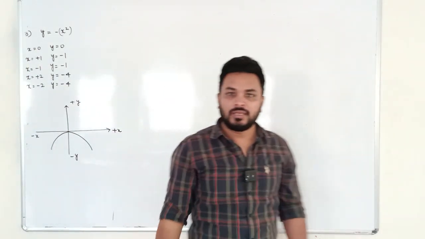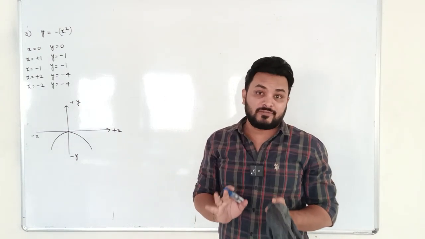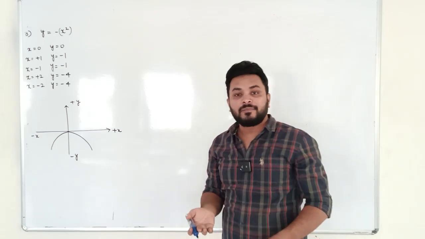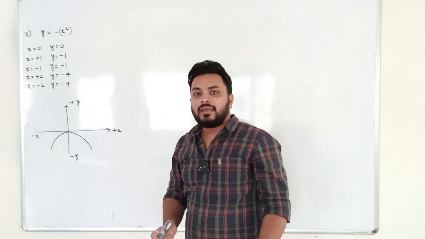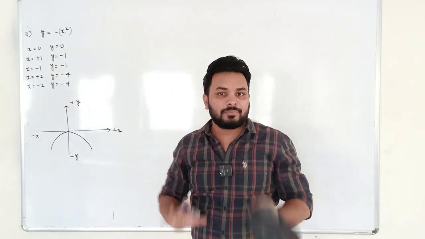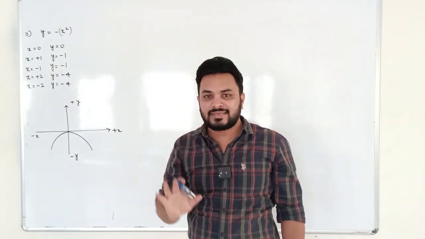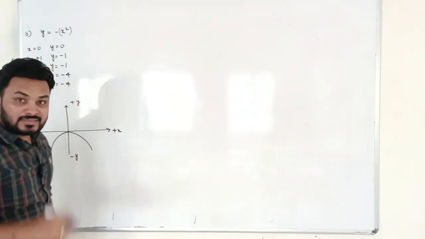Correct? Understood? So now the same from the equations, whatever we are learning in electrostatics or current electricity or anywhere, if we are learning the equations, we have to see how exactly it is depending. It is depending upon minus x square or x square. See, the trajectory of a projectile is a parabola, no?